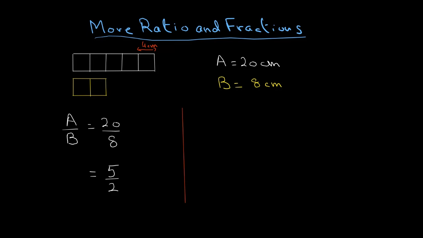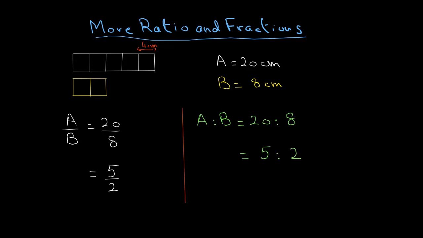And now I can do the same with ratios. So I know if I use 1 centimeter as my basic unit, the ratio is 20:8. But I can use a block which is 4 centimeters as my basic ratio. So if I use that as my basic block, then the answer is going to be 5:2.